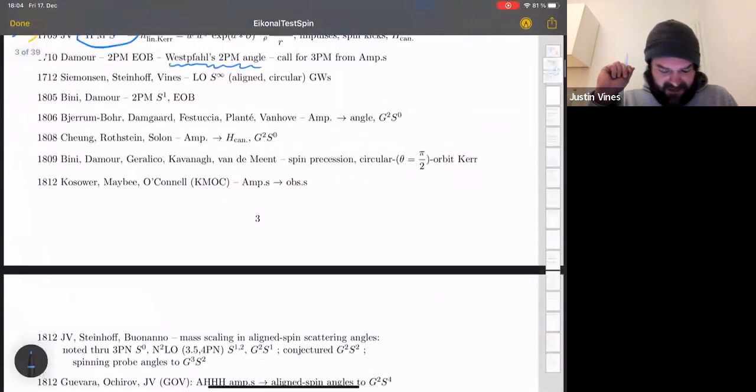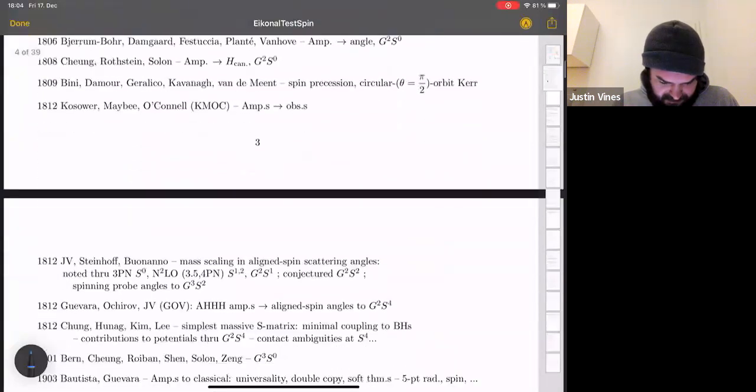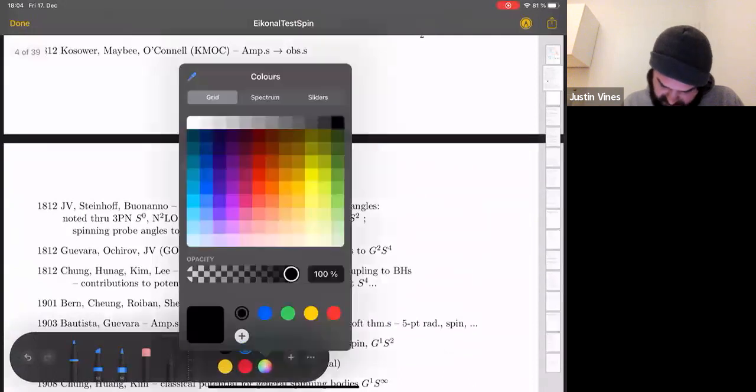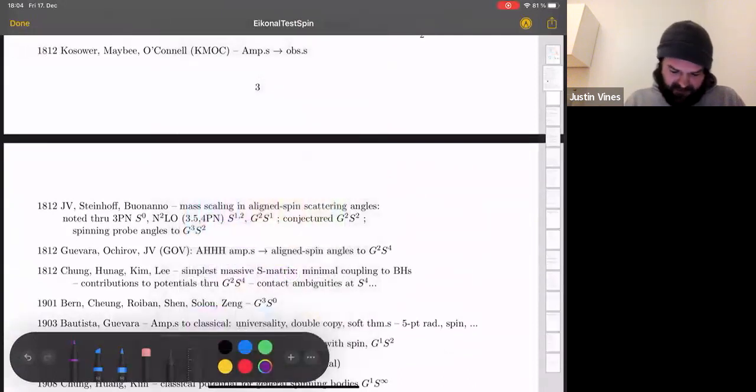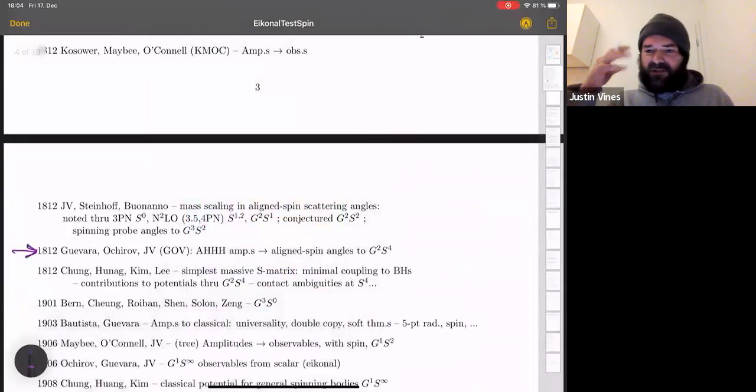And okay, so continuing that story, for example, there was this paper. So let me actually switch to purple now. There was this paper, which very much just took Alfredo's amplitude. So Alfredo had the amplitudes. There was an issue of interpretation maybe, or how to get to observables.